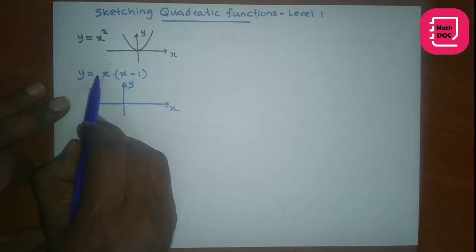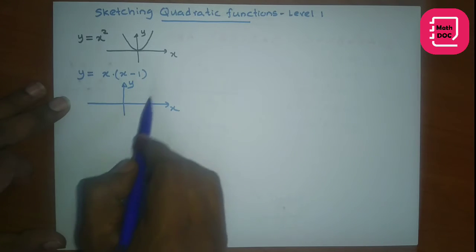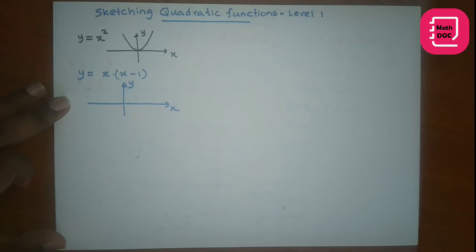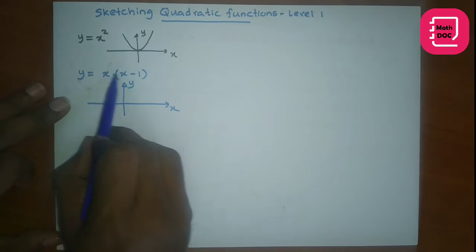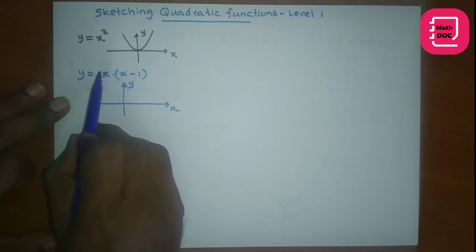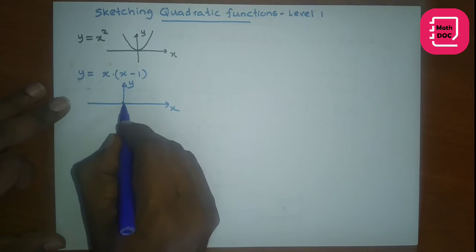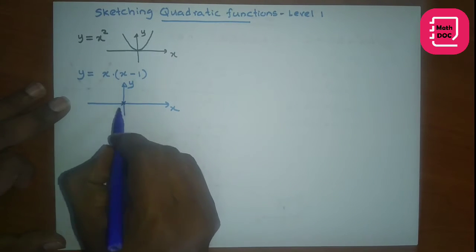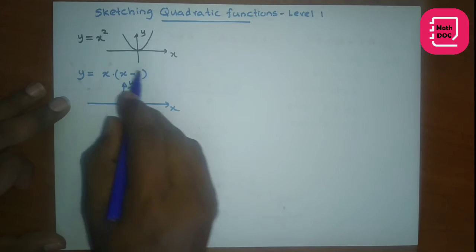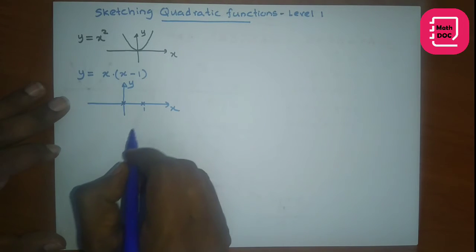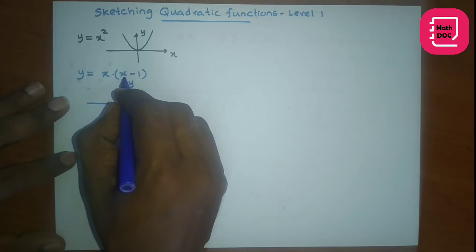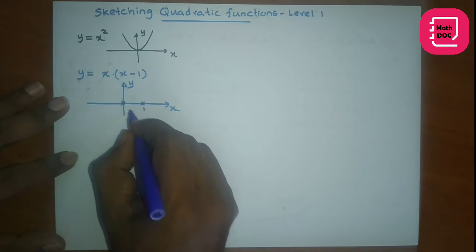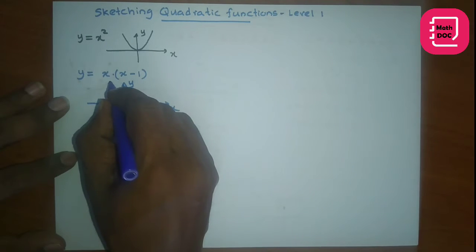If this sign is positive, the shape is minimum. And thereafter you check, here there are two factors. Here this factor gets 0 at 0. Here this factor gets 0 at 1. Now you sketch the quadratic function, parabolic shape passing through those two with minimum shape. Here it is.